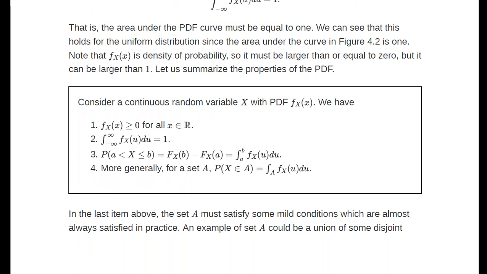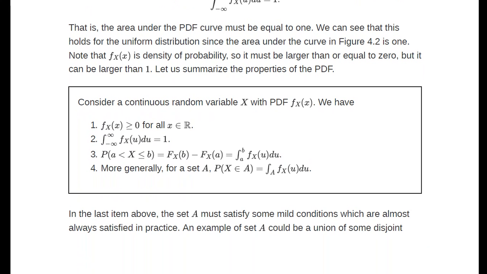Let us summarize the properties of the PDF. Consider a continuous random variable X with PDF f_X(x). First, f_X(x) is greater than or equal to 0 for all x in the real numbers. Number 2, the integral from minus infinity to plus infinity of f_X(u) du equals 1.